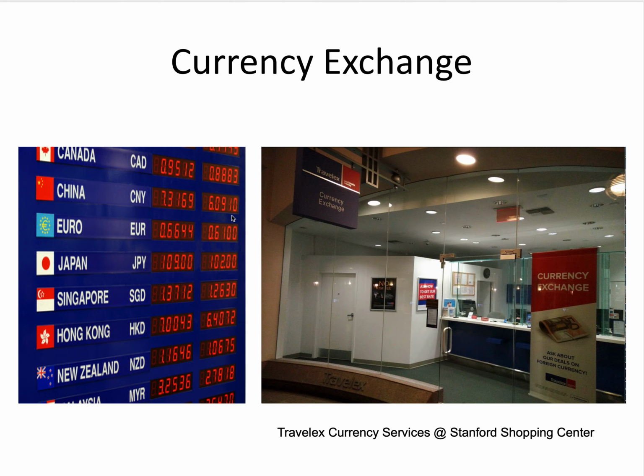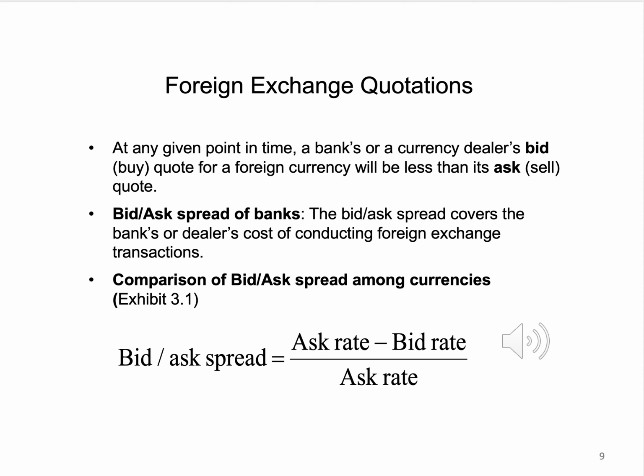One is when you buy from them, the other is when you sell the Chinese yuan to them. Those are called bid and ask, or bid and ask price.